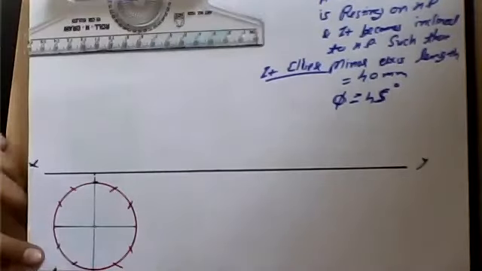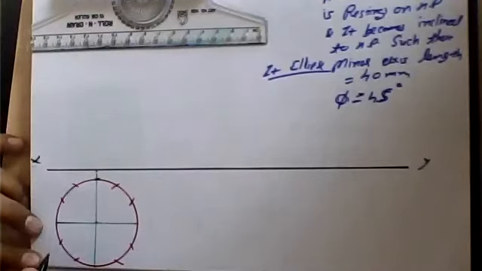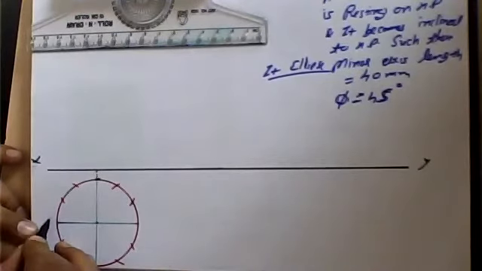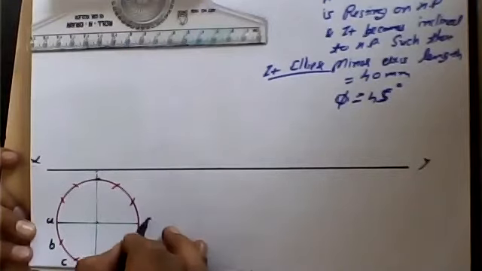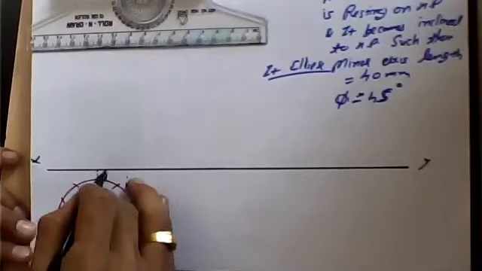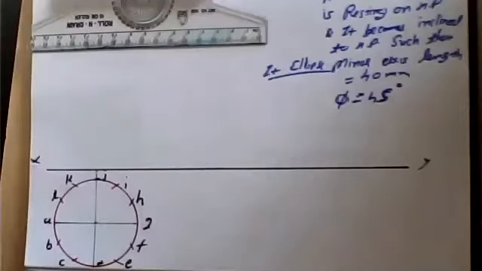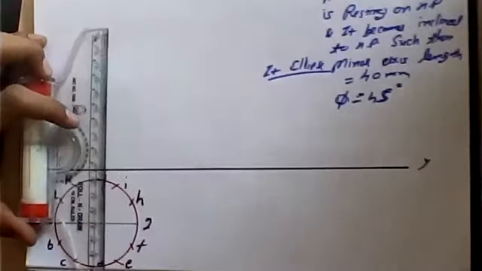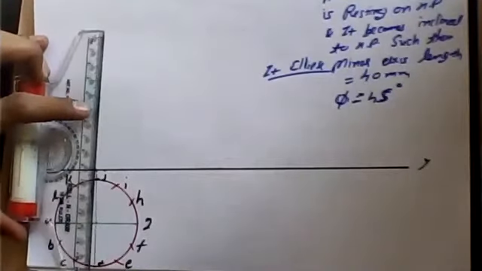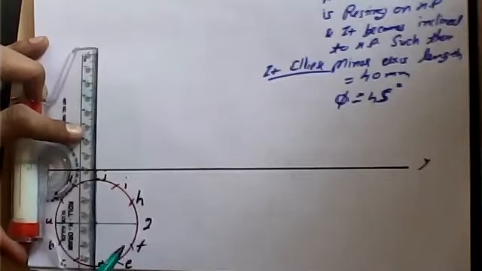Whenever we draft any component, we should note its positions or points also. So this is going to be A, B, C, this is D, E, F, G, H, I, J, K and L. These are the positions of the circular plate. Now I'll be transferring its projections in the view.